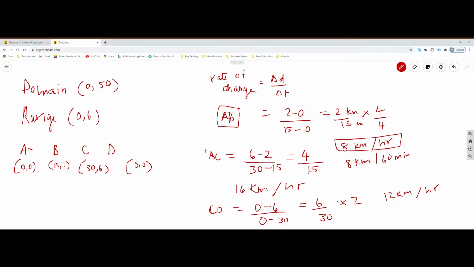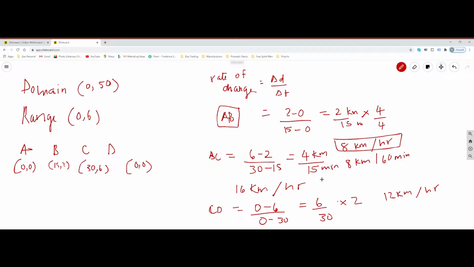Then you find the slope for BC, which is 6, 30 and 15, 2. So you do 6 minus 2 over 30 minus 15. So you get 4 over 15. Like above, it's 4 kilometers per 15 minutes.